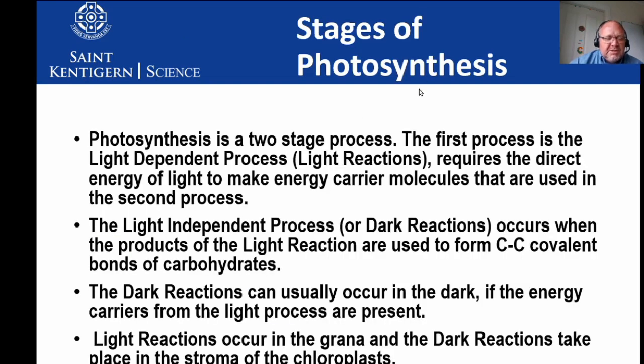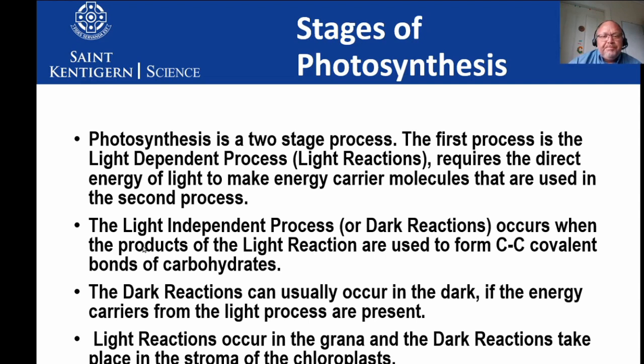So, the stages of photosynthesis. Photosynthesis is a two-stage process. The first process is the light-dependent process. Light reactions require the direct energy of the light to make energy carrier molecules that are used in the second process. Then you have a light-independent process, or the dark reactions.